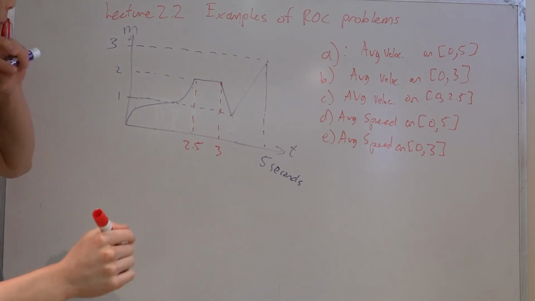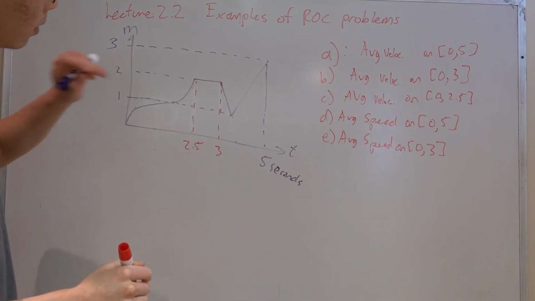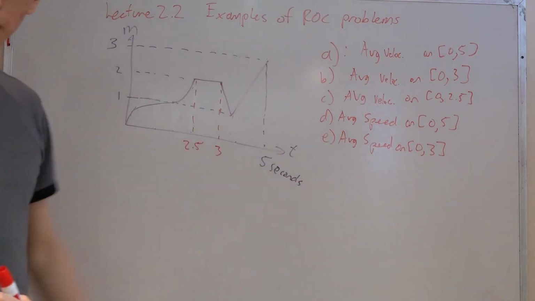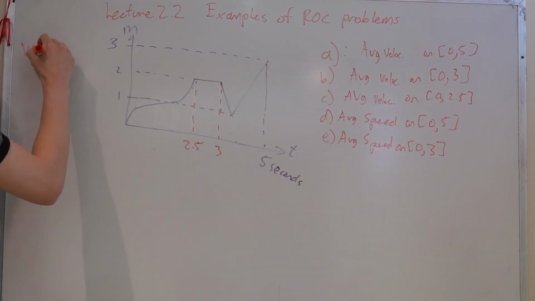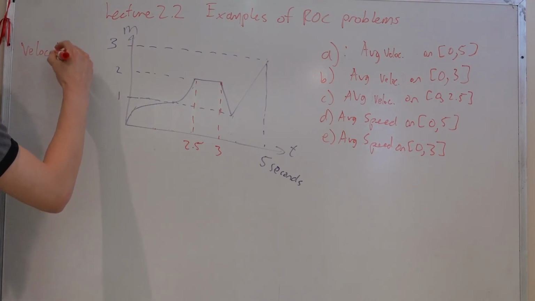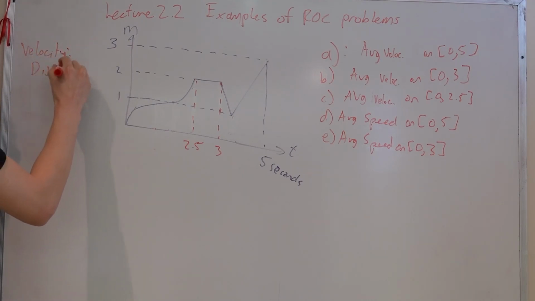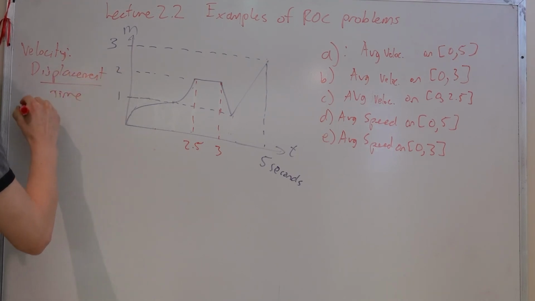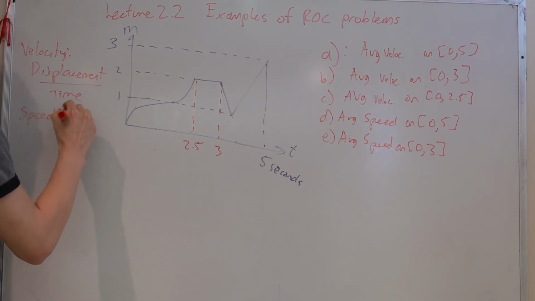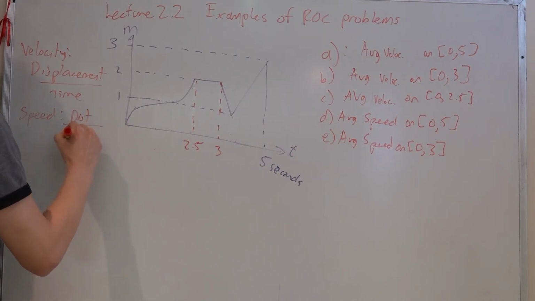Now, actually, what I'll do is that I'll put some information that will help us throughout each problem. So firstly, remember velocity. Velocity is displacement over time, and speed is distance over time.